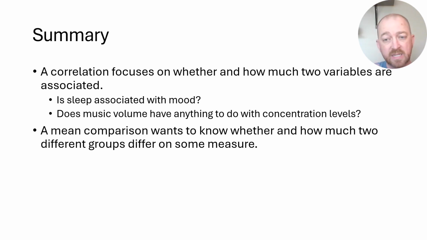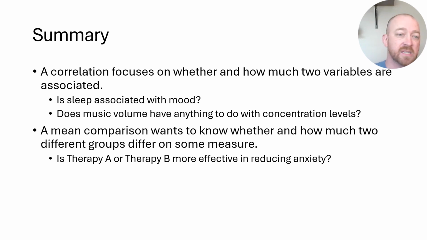Now, a mean comparison is asking different questions, right? It wants to know whether and how much two things differ from each other. Specifically, how two groups that we've treated differently, for example, differ from one another on some measure. So for example, I might ask, is therapy A more effective than therapy B at reducing anxiety?